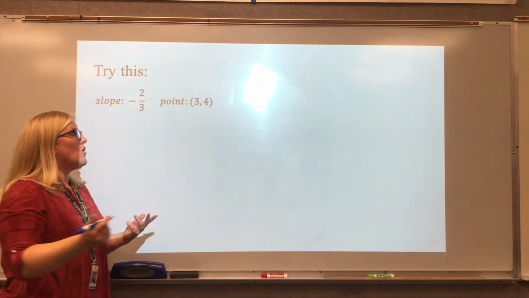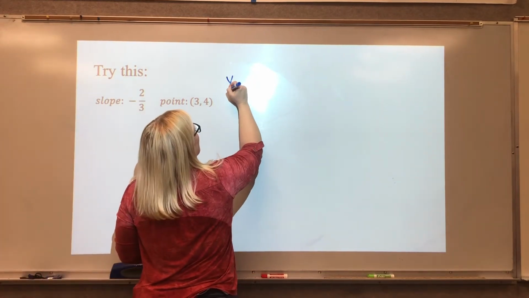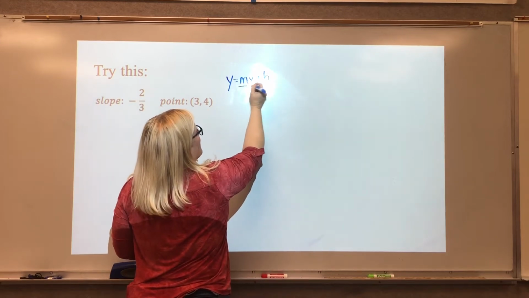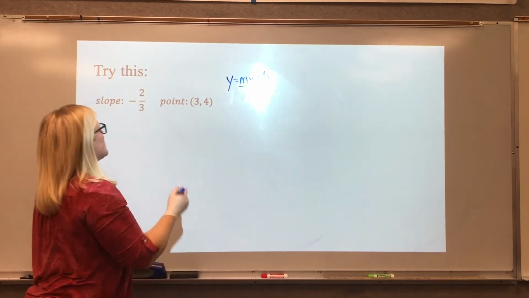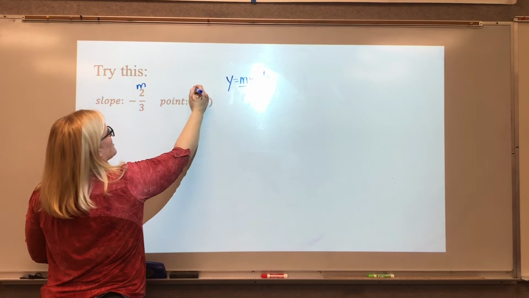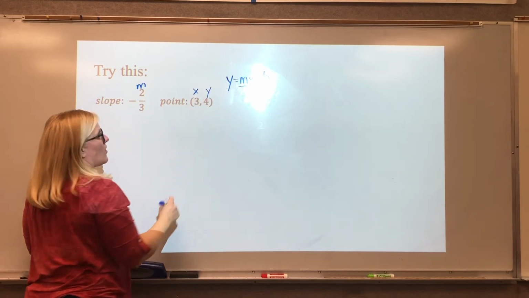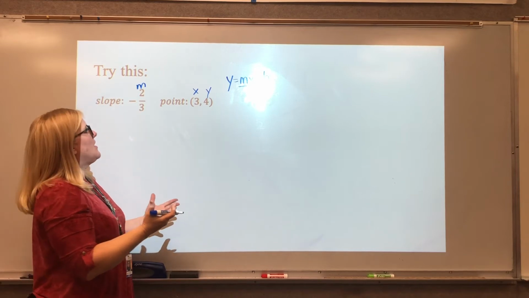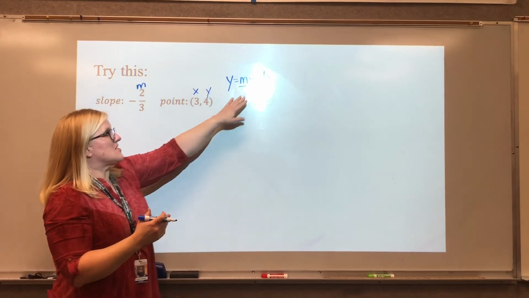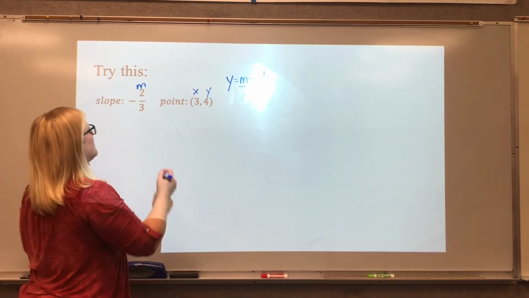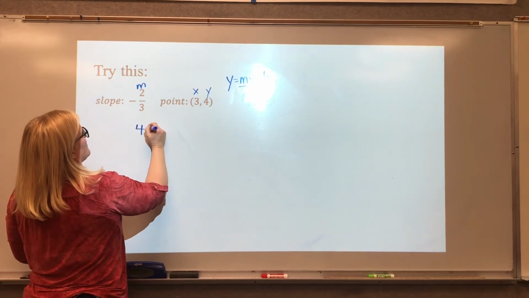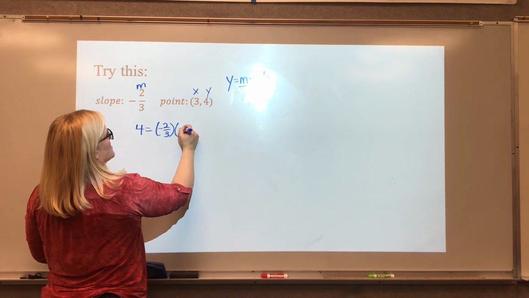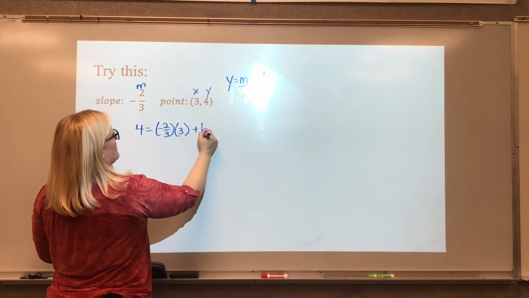Okay, again, we're going to be using y equals mx plus b, and we need an m and we need the b. Here's m, and here's x and y, one of the points that's on this line. I'm going to use this equation to find b. So I have y equals m times x plus b.